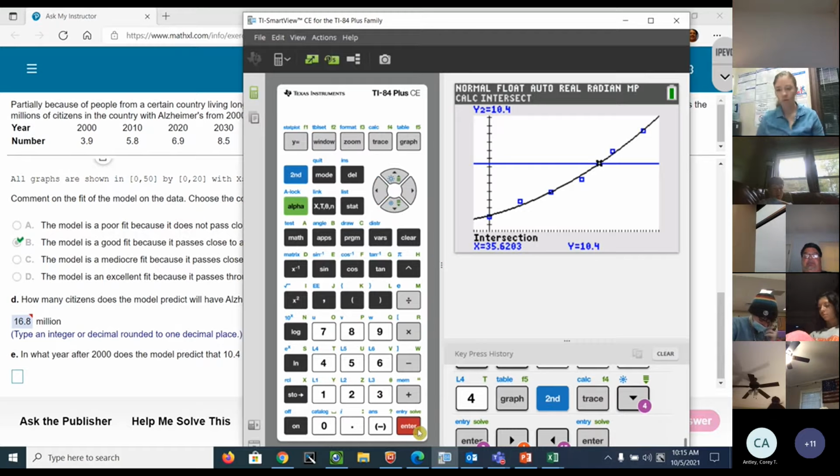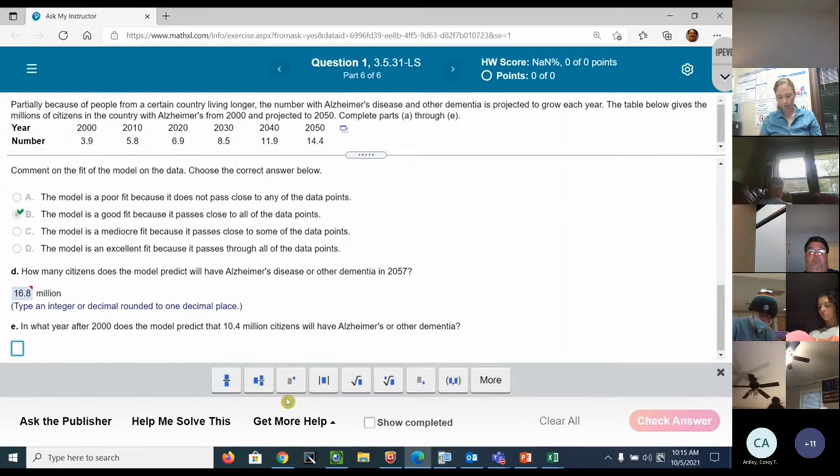And the x is 35.6. So I'm going to bump that up to 36. So in 2036, you'll have a population of 10.4. 2036.